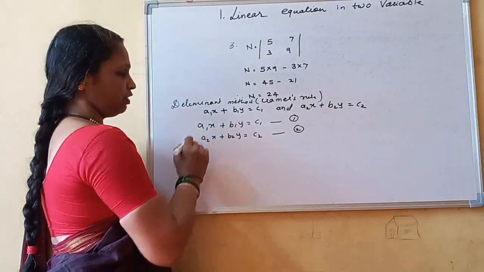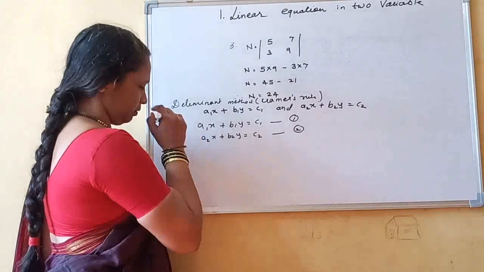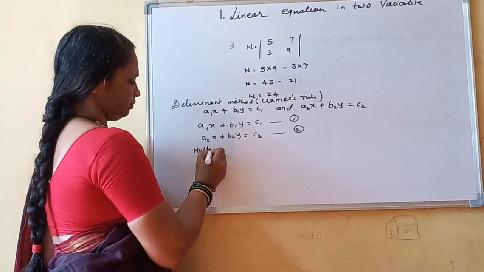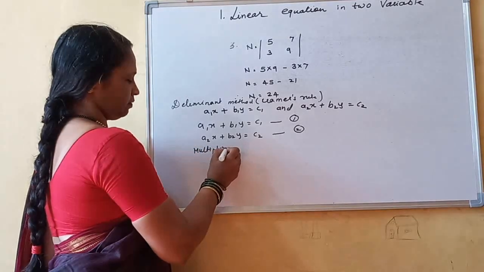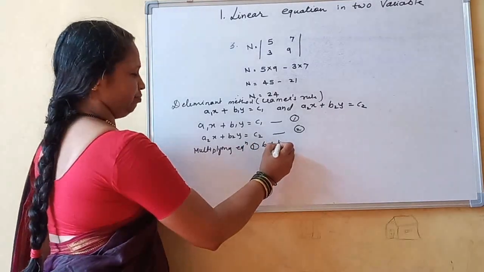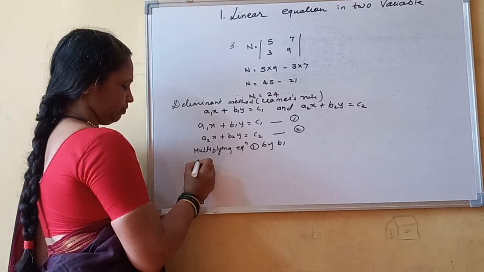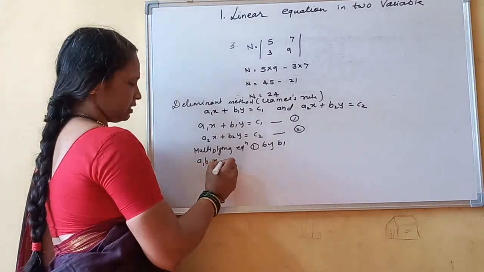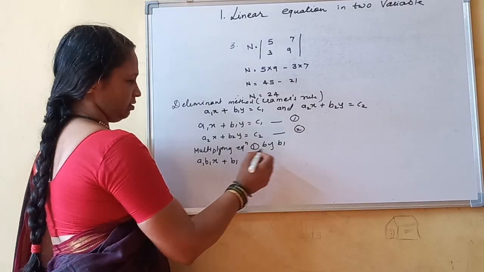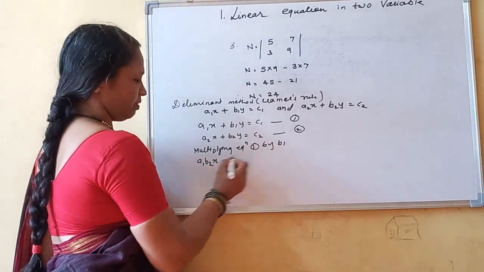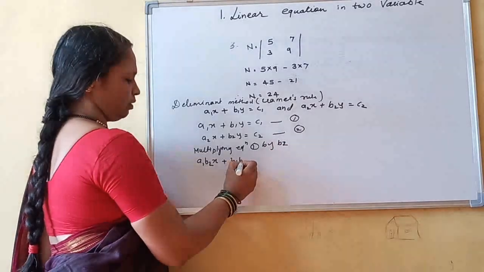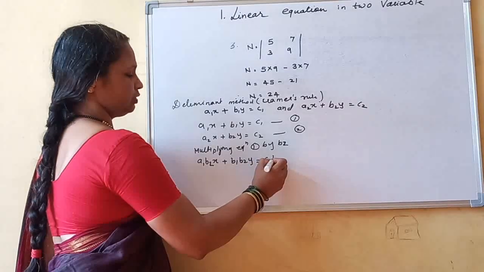Now we will multiply equation 1 by b2. Multiplying equation 1 by b2, the equation will be a1 b2 x plus b1 b2 y is equal to c1 b2.